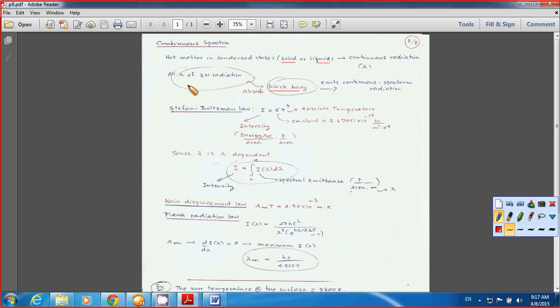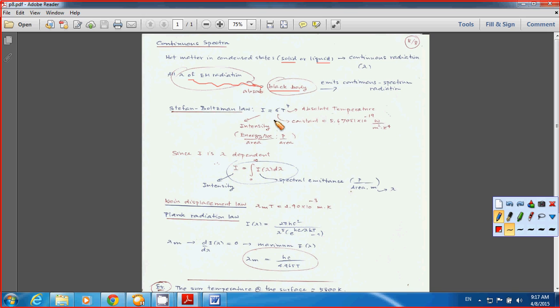So when electromagnetic radiation comes to the black body, the black body will absorb it and release continuous spectrum radiation, and thus comes the Stefan-Boltzmann law, represented by I equal to sigma T to the fourth, where T is the absolute temperature in Kelvin.